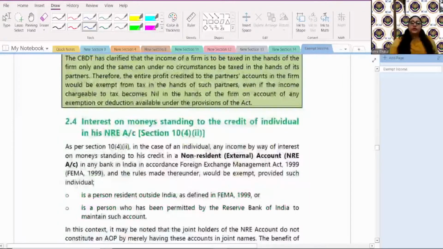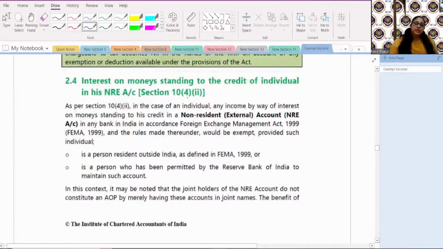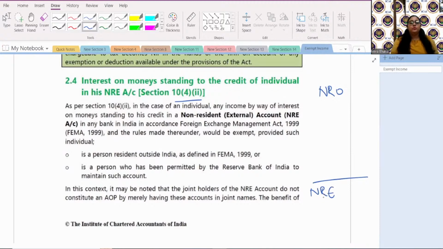Next is again another important section, Section 10, clause 4, clause 2. What does this section say? Before going on to this section, you should know that in FEMA there are two types of accounts which are allowed to be opened by non-resident Indians, NRIs. FEMA is a different act.